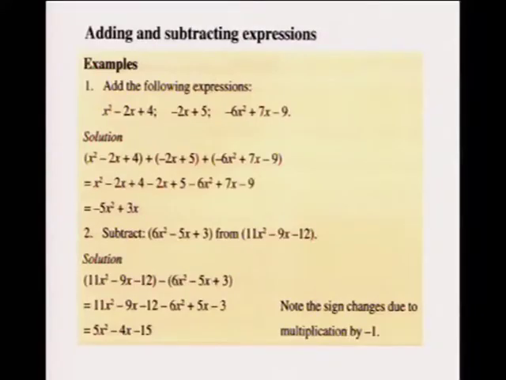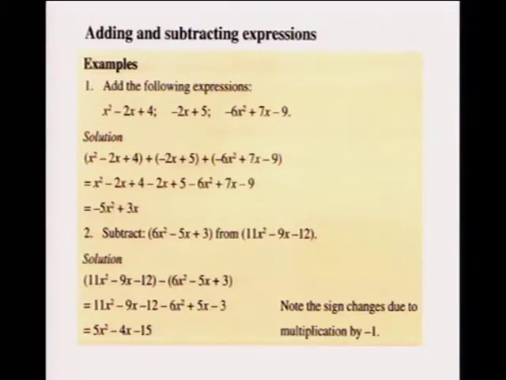How do we add and subtract expressions? If we add, we add the x squares to each other, the x values to each other, as well as the numbers. When you subtract, number 2, for example, you have to subtract 6x squared from 11x squared. So we have to swap them around.